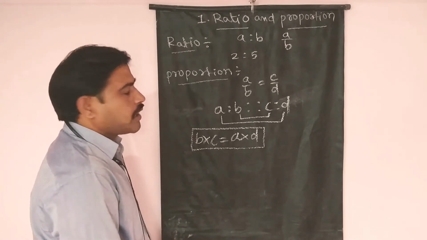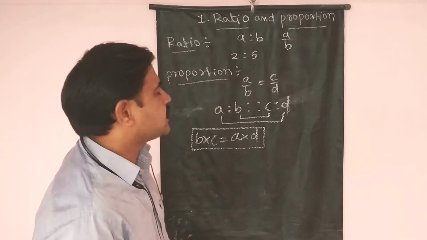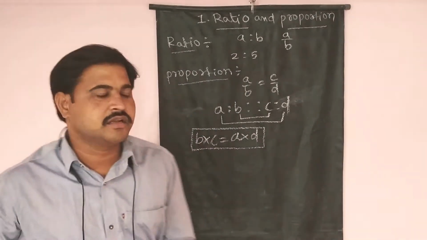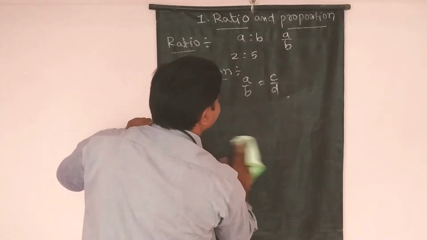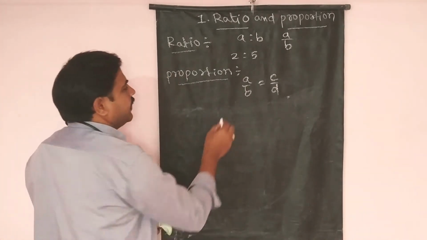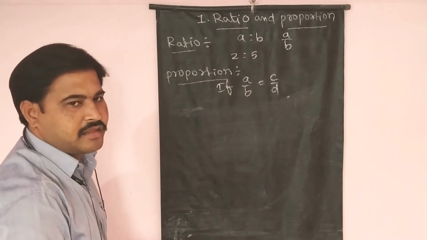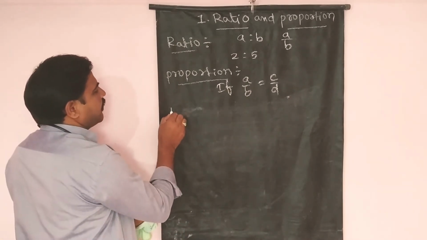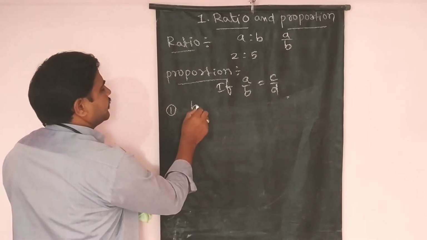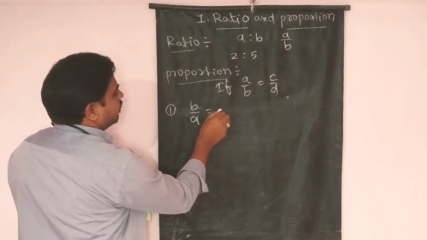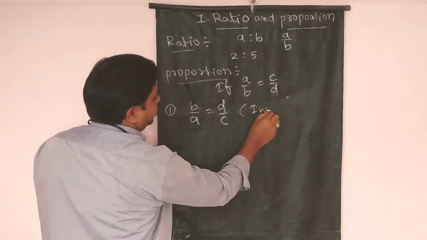Now, properties of proportion. There are some properties of proportion. If the ratios are given as A by B, C by D, the first property is B by A and D by C. We can write this as invertendo.